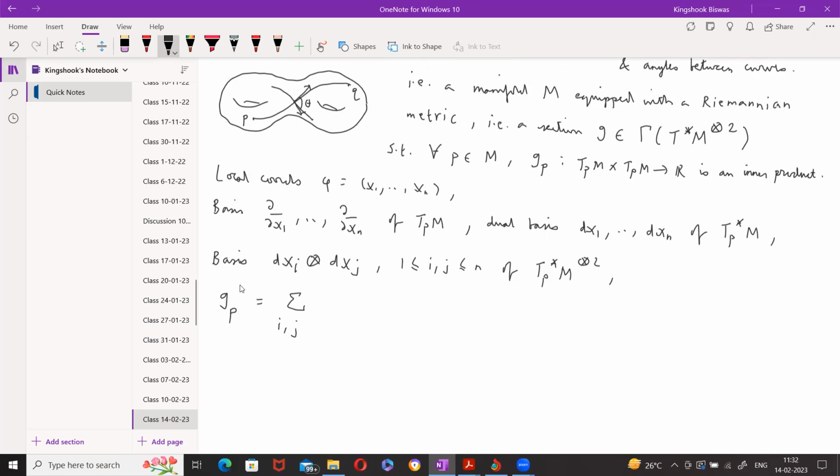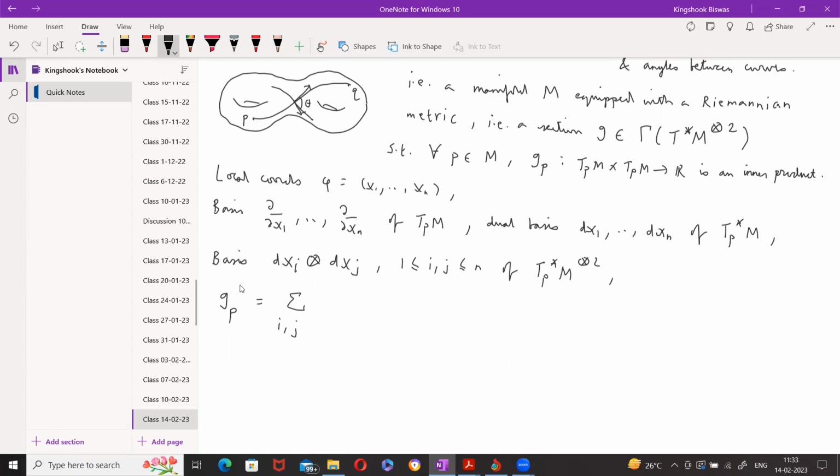Remember, when I looked at multilinear functions on a finite dimensional vector space, the basis for the space of multilinear functions was given by tensor products ei1 star tensor up to eik star, and the coefficient of this tensor product was my multilinear function T acting on the tuple of basis vectors ei1 up to eik.